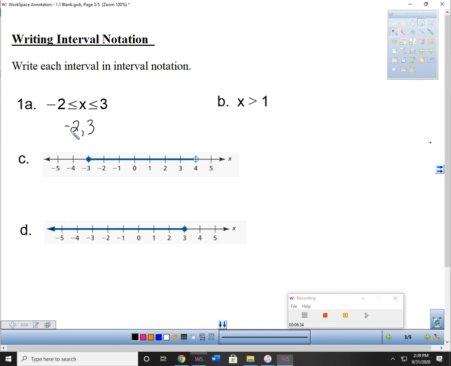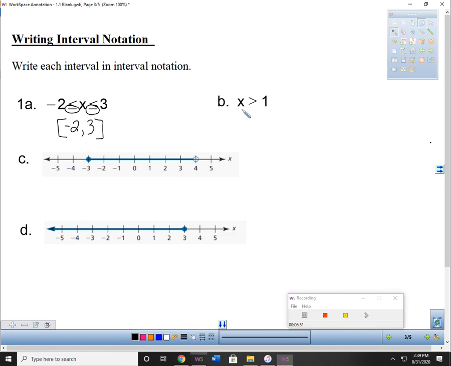So I just have -2, comma 3. To figure out if I need brackets or parentheses, I look on the side with the -2. There is an equal to, so I should have a bracket. And on the side with the 3, there is an equal to, so I should have a bracket. So this is interval notation for whatever this is right here.